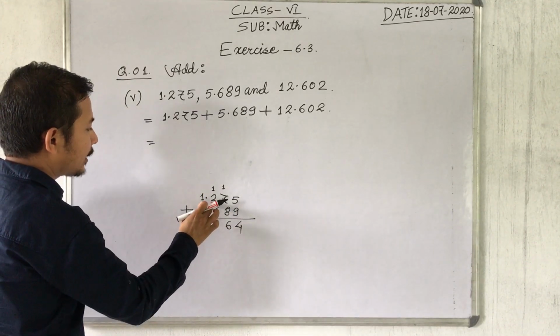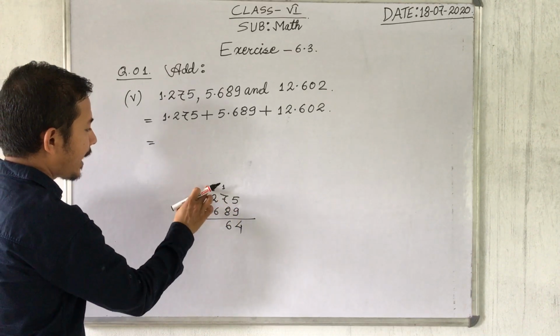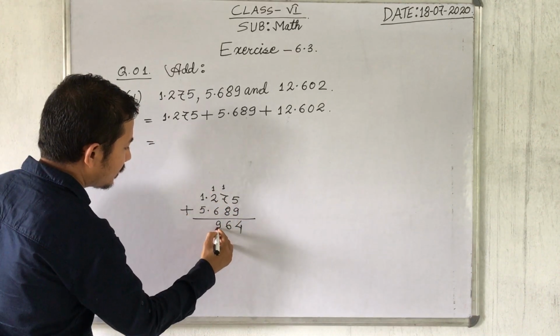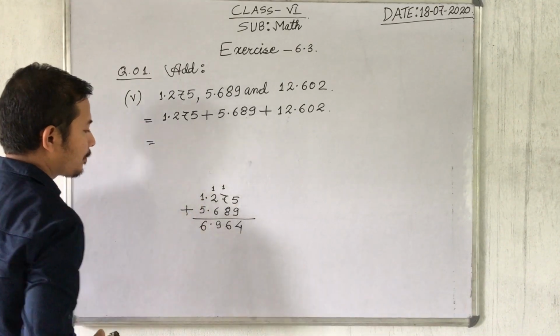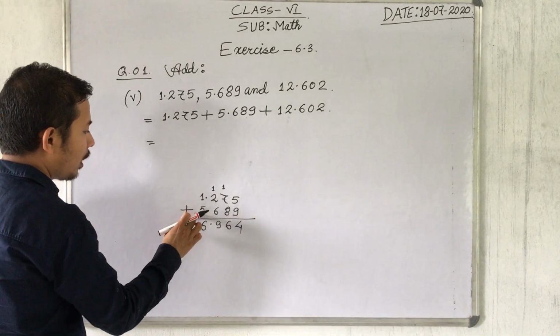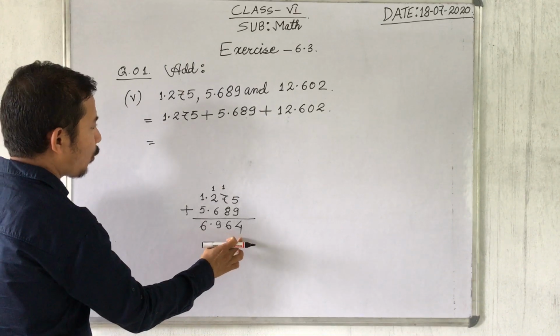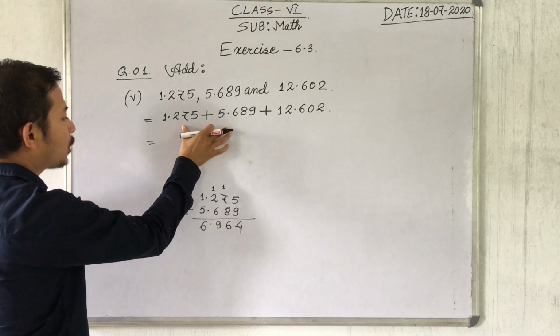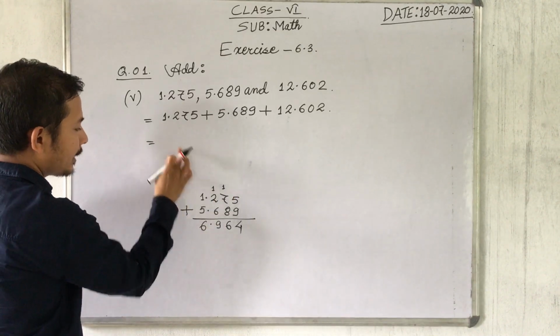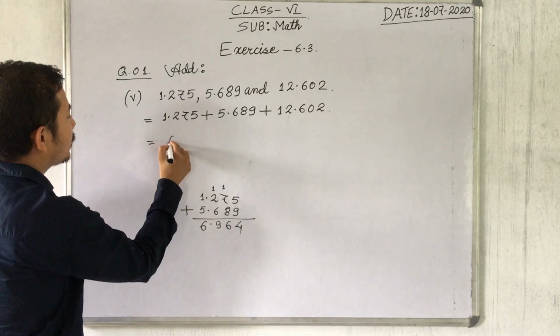And if you add 6 and 2, there will be 8, and this carry 1, 9. And 0.5 and 1 if you add, it will be 6. So after adding these 2 numbers, we have got here 6.964. Okay, so instead of these 2 numbers, we can write here 6.964.